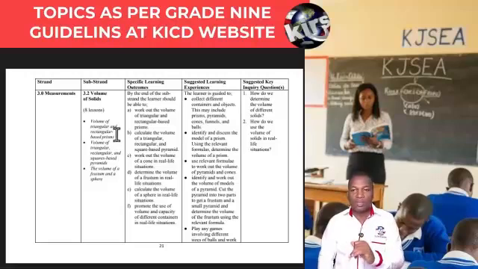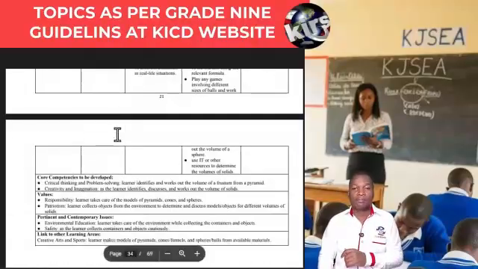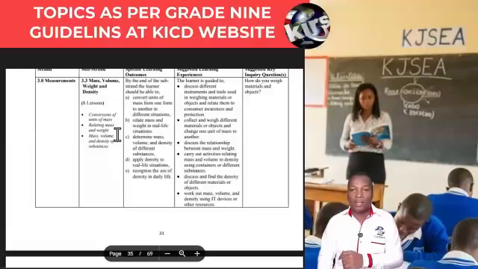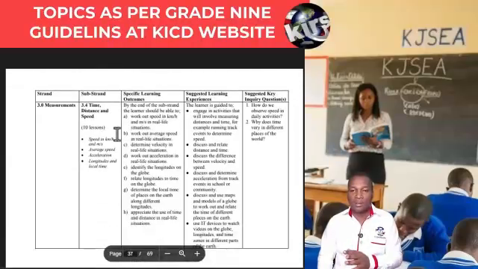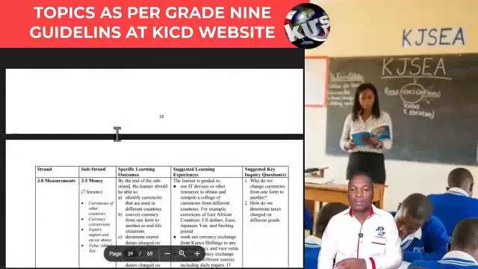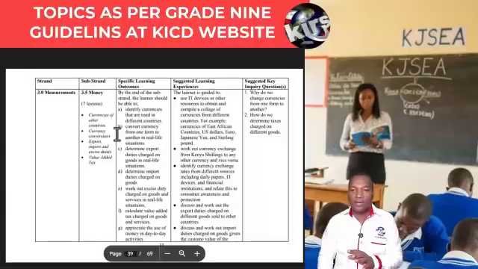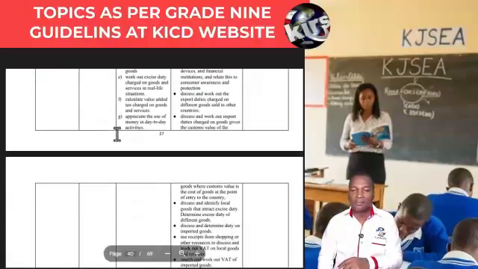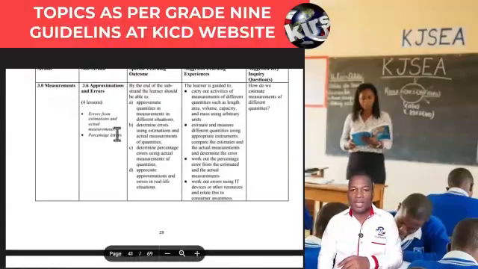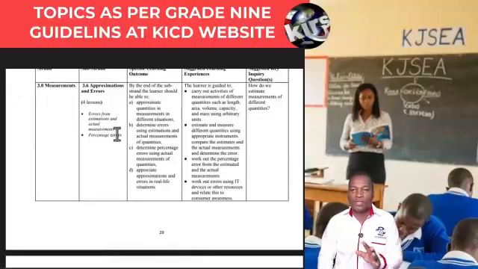So this is a topic, again, which is supposed to have been taught to grade 9 learners before they do the KJSEA exam. And then again, we have measurements, time, distance, and speed. Okay. We have money. And then we have approximations and errors.